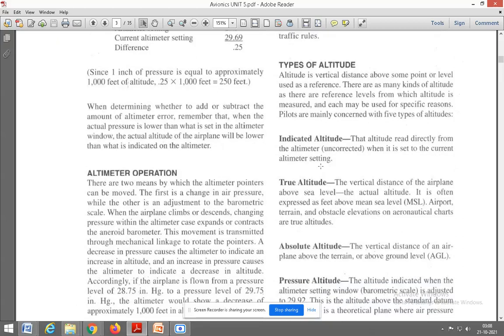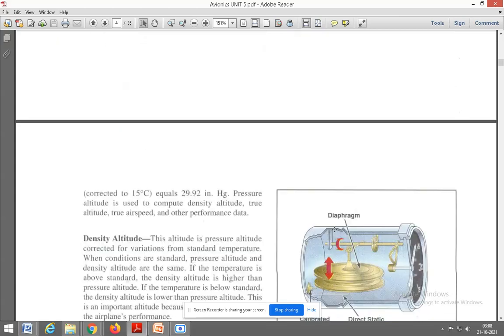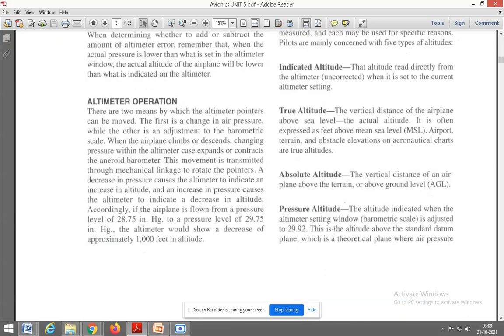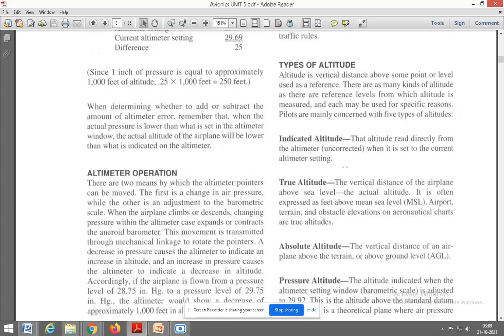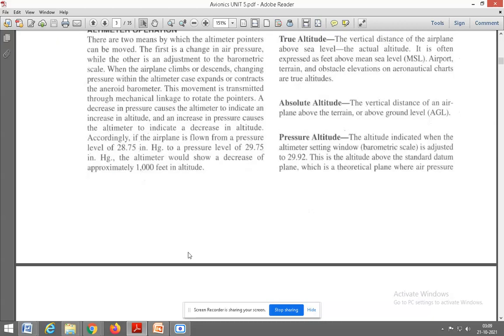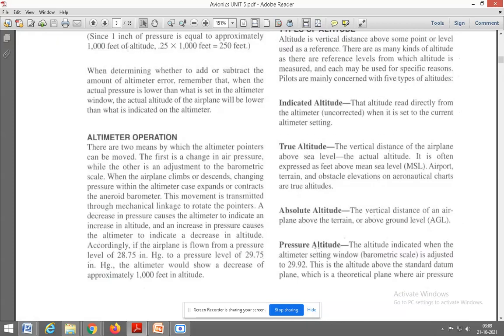The next we come to types of altitude. The types of altitude are indicated altitude, true altitude, absolute altitude, pressure altitude and density altitude. Five types of altitudes.